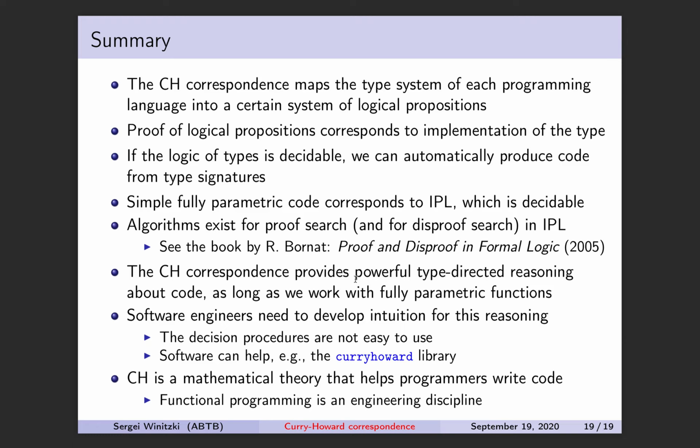So the Curry-Howard correspondence is actually a mathematical theory that helps programmers write code. It's a very unusual situation in programming that mathematical theory actually helps and guides in writing code. And this situation is specific to functional programming.